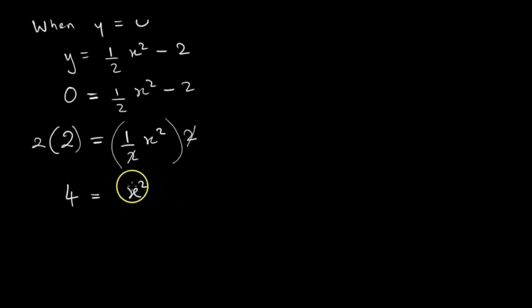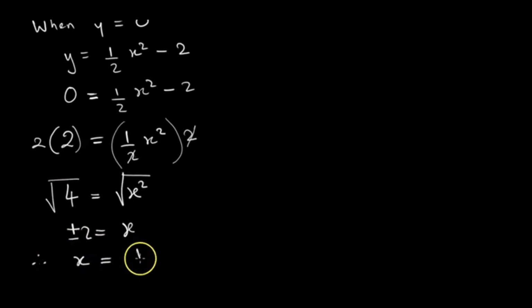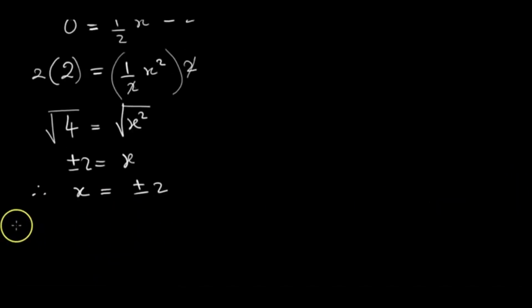So in this case, we have x squared. If we want to remove the squared part, we introduce the square root. But when we introduce the square root, we have to do the same both sides. So the square root of x squared is simply x, and the square root of 4 is plus or minus 2. Therefore, x is equal to plus or minus 2. What does this mean?